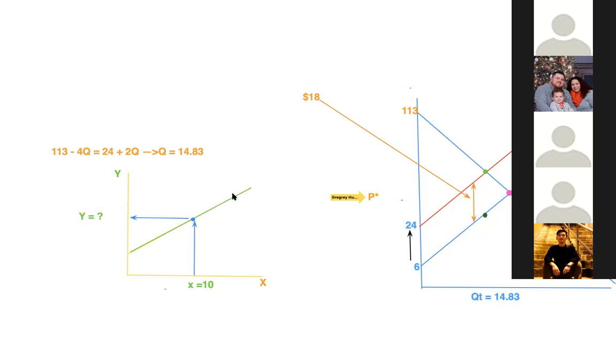Each one of these points on the line is associated with some set of coordinates, right? An X and a Y. You would just plug in the X to find Y.